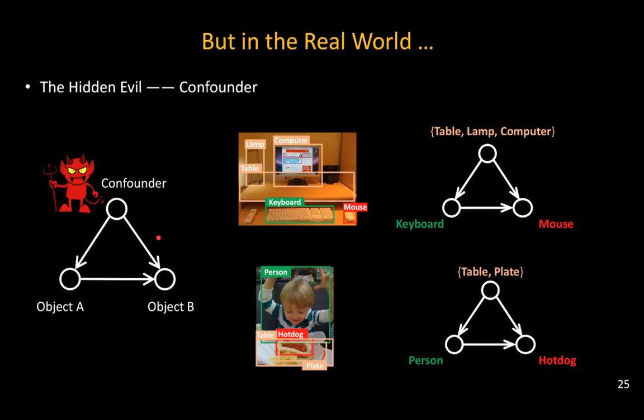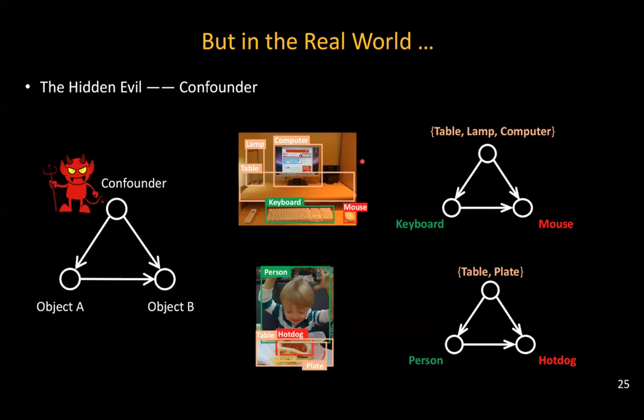Suppose object A can cause object B, or something can cause another thing. But if there is another variable that can cause both A and B, then this variable is a confounder.